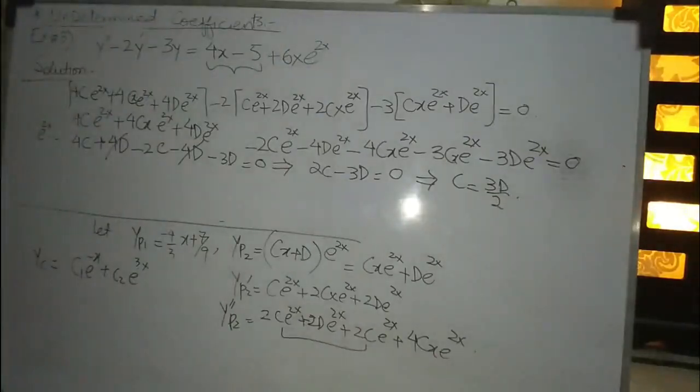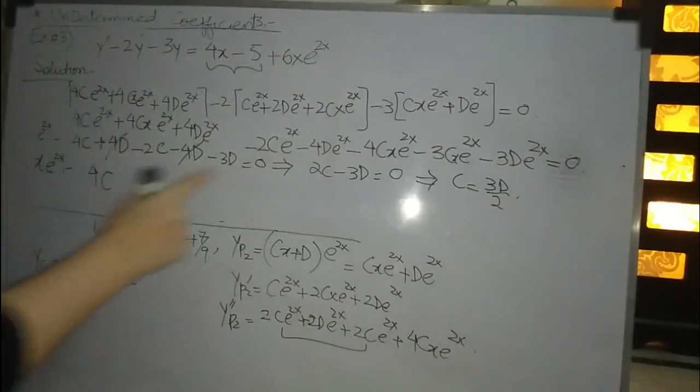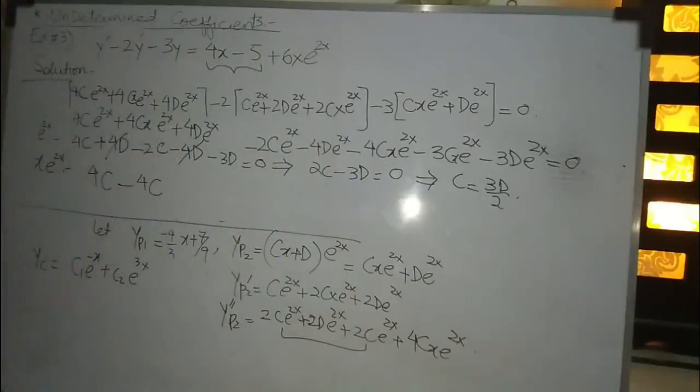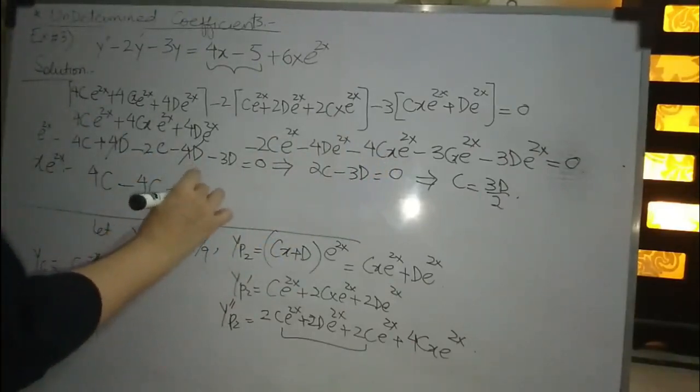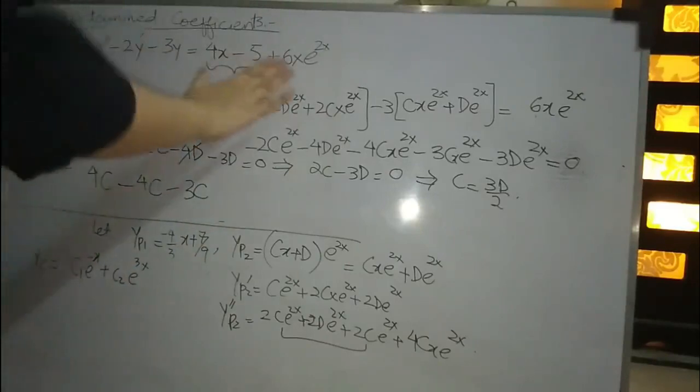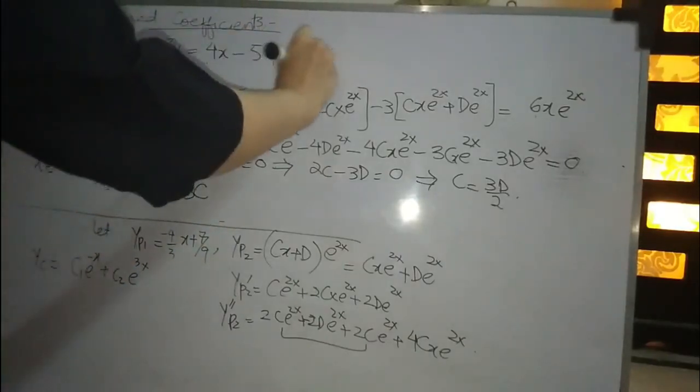2. So comparing the coefficients of x into e to the power 2x, that becomes 4c x into e to the power 2x and also minus 4c minus 3c. Okay, for yp2 we have to compare this one, right?